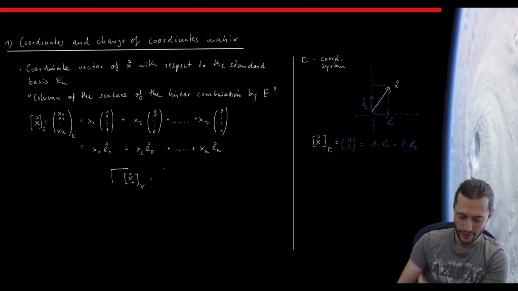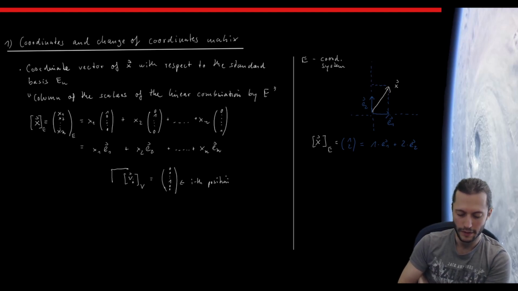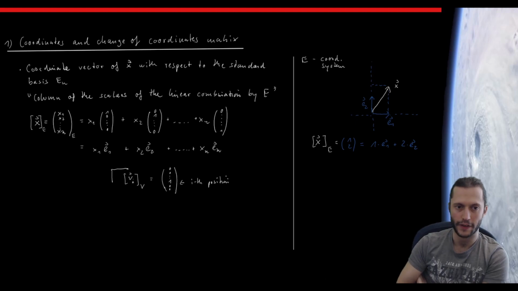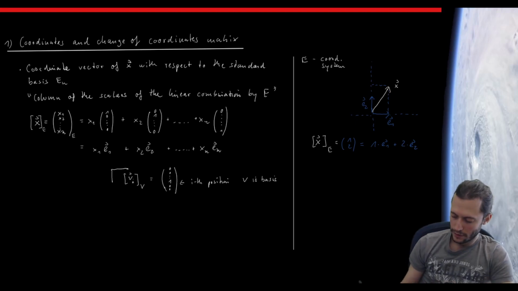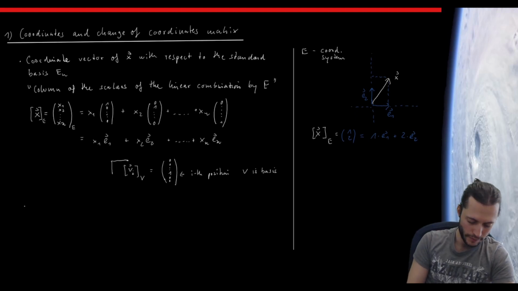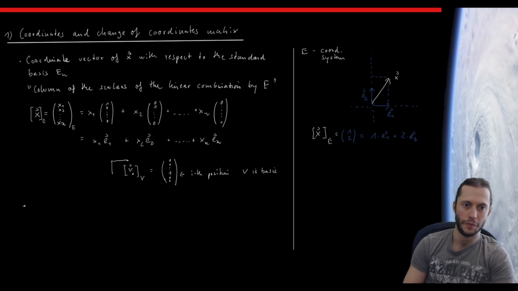Well, it looks exactly like zeros and a 1 at the ith position, like the standard vector we know. So far, nothing new. We just specified which basis we are working on.